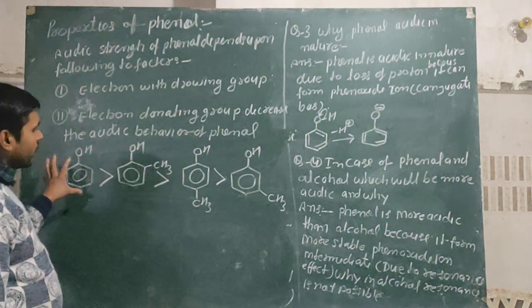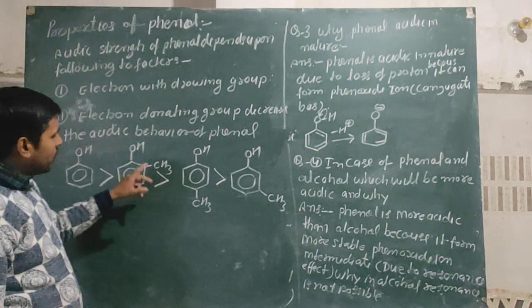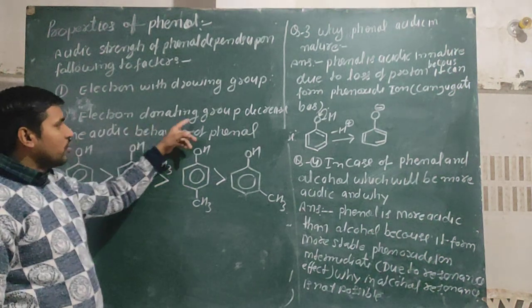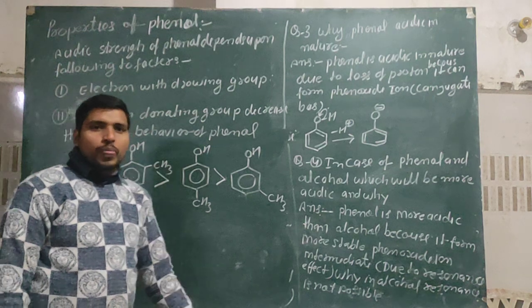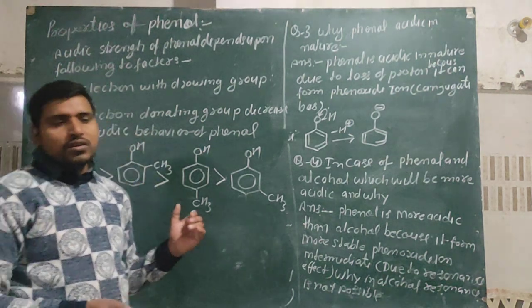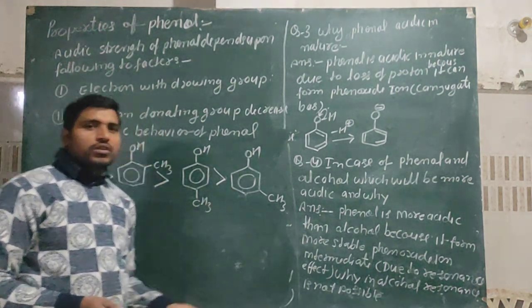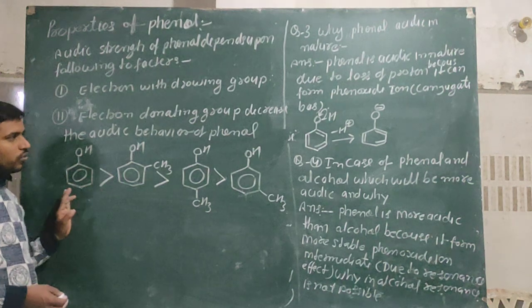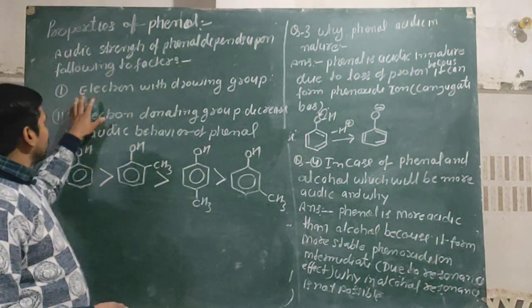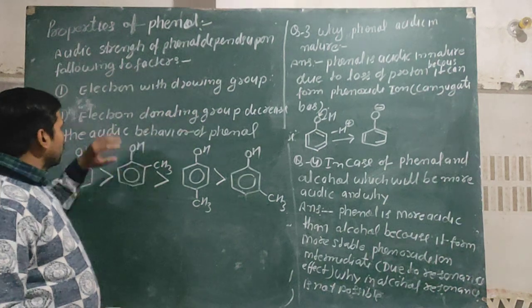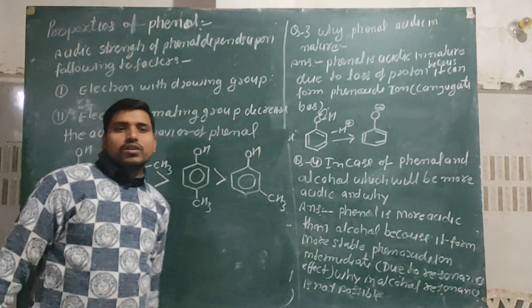The basicity character increases with the presence of an electron donating group and acidic character decreases. I hope you understand well the acidic property of phenol and how the acidic behavior differs according to electron withdrawing groups or electron donating groups.